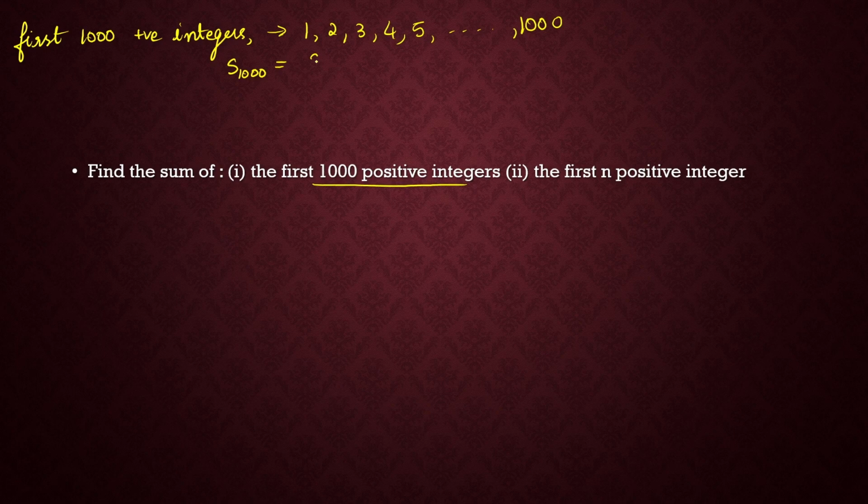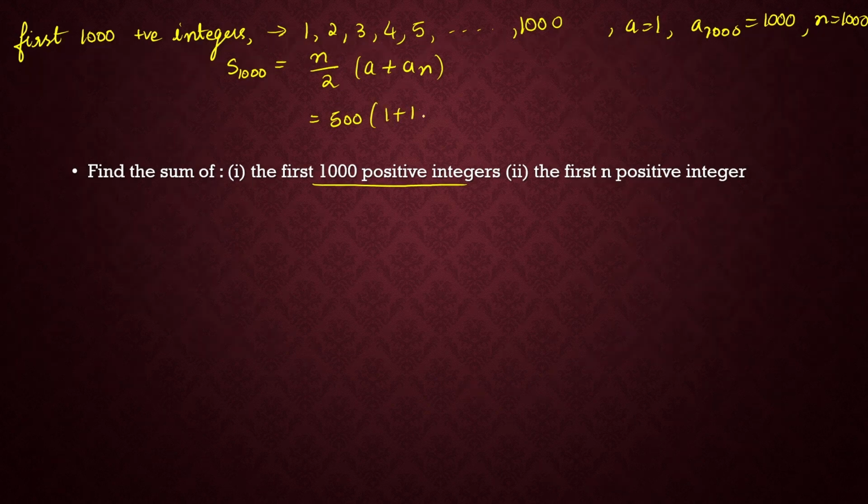Here, if you observe, I can use this formula because I know the first term as well as the last term. First term is 1, the last term is 1000, and the n value is equal to 1000. So here a is equal to 1, a1000 is equal to 1000 and the value of n is equal to 1000. So 1000 by 2 is 500 into 1 plus 1000.